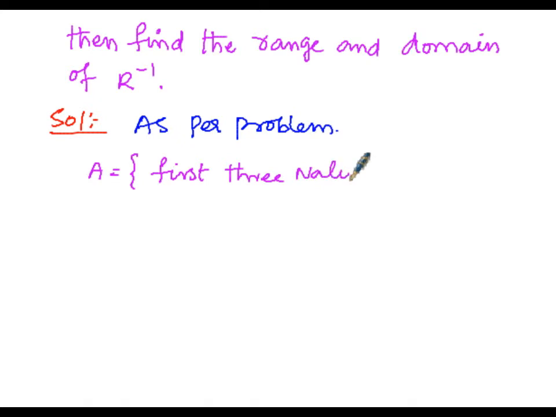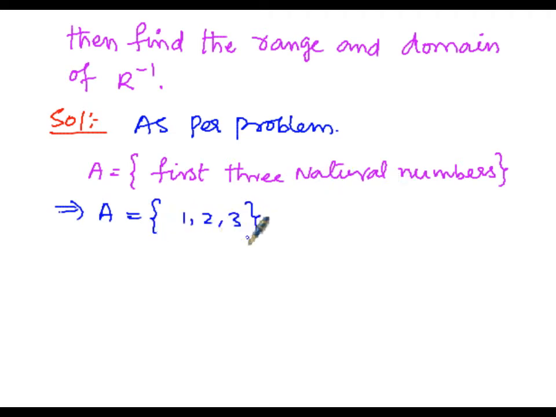Mathematically we can write A equals 1, 2, 3, because the first three elements of the natural numbers are 1, 2, 3. So 1, 2, 3 are the three elements of this set A. But here we have to write a relation R such that x comma y, such that x less than or equal to y, is a relation in A.